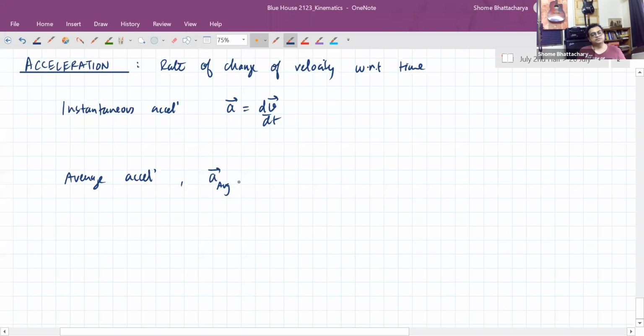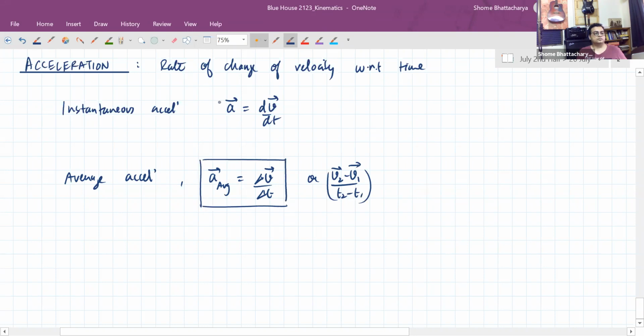For that, we use the specific symbol. That is the average rate of change of velocity with respect to time. Once again, if we use just the term acceleration without any prefix, by default, we are talking about instantaneous acceleration and not average acceleration.